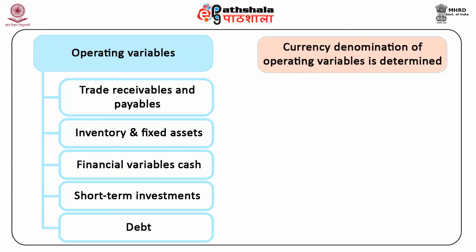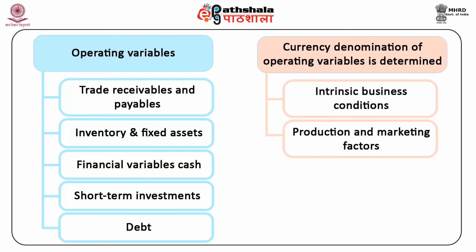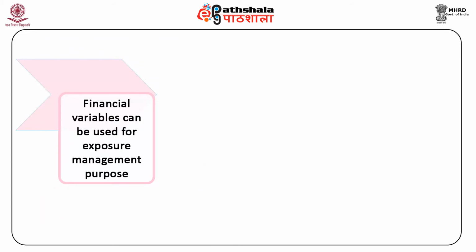The currency denomination of operating variables is determined by intrinsic business conditions, production and marketing factors. Financial variables can be used for exposure management purpose and thus corporate financial management has more discretion over currency denomination.